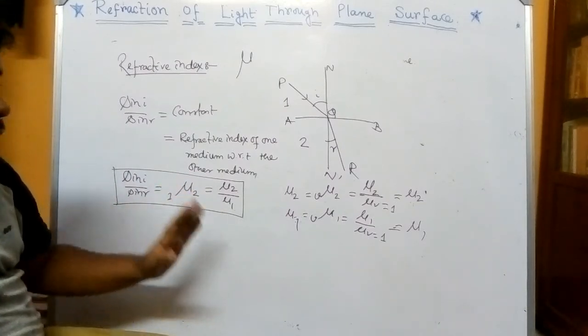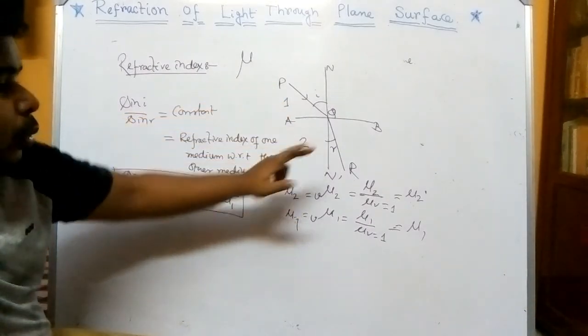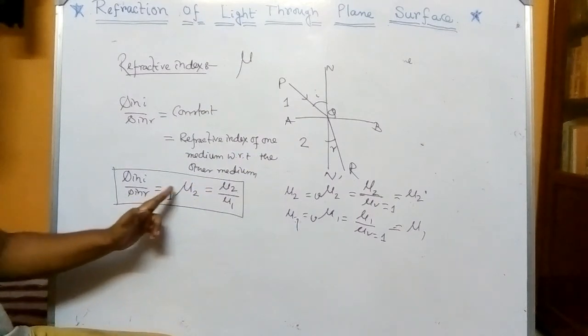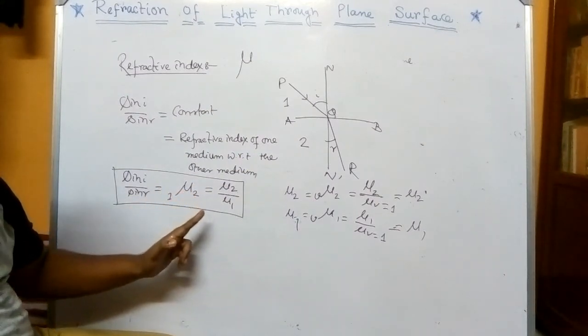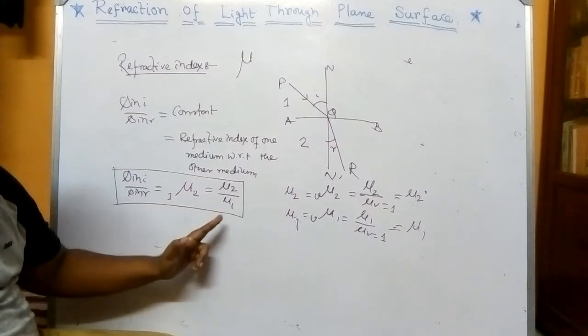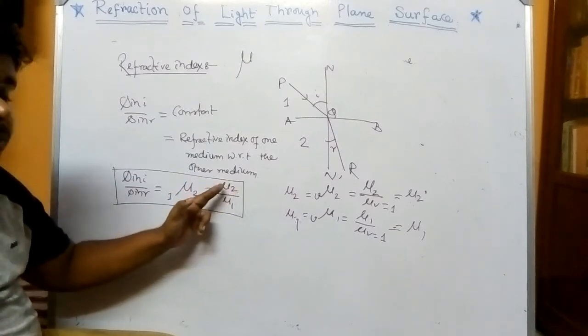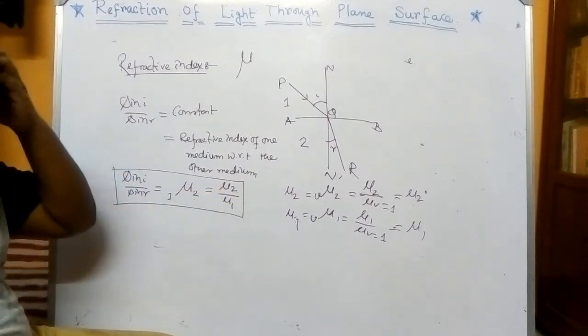But if the light ray comes from 1 to 2, it is written as 1μ2, that is μ2 by μ1. That is the refractive index of medium 2 with respect to 1.